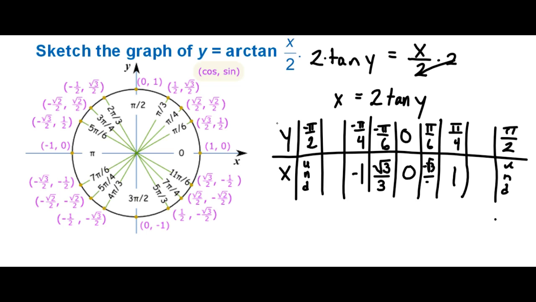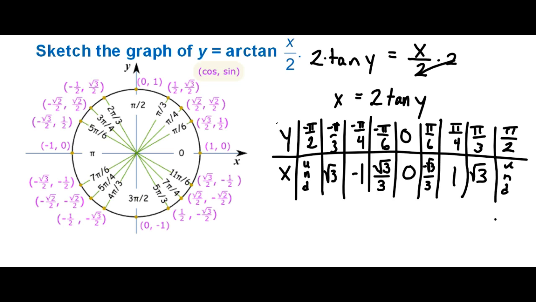It's radical 3 over 3. And then when we look at pi over 3, positive and negative, it's just the opposite. We've got radical 3 over 2 divided by 1/2. So we'd have radical 3 over 1, or just radical 3.